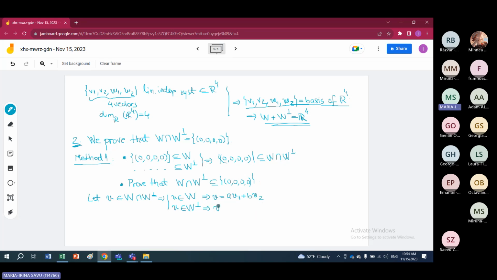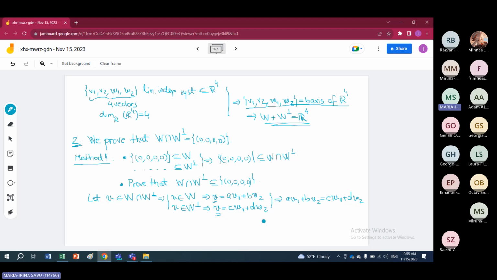And from here, V is also a combination of the elements from the basis of W perpendicular, which is W1, W2. So this is C W1 plus D W2. Because you have the same vector here and here, these expressions are equal. So you have that A V1 plus B V2 is C W1 plus D W2.